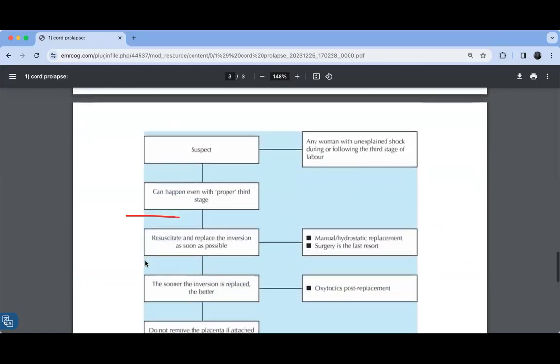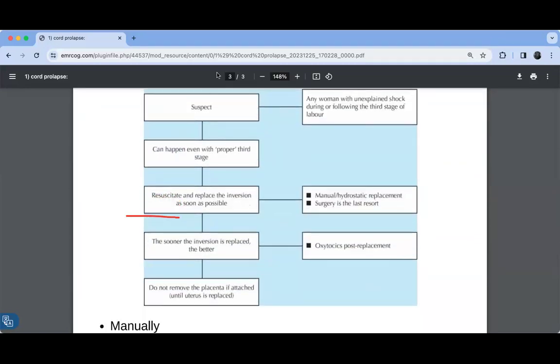And here is the famous diagram for the management of uterine inversion. You will suspect uterine inversion when the woman in labor has unexplained shock during or following the third stage of labor, and it can happen even with proper third stage management. Resuscitate and replace the inversion as soon as possible.